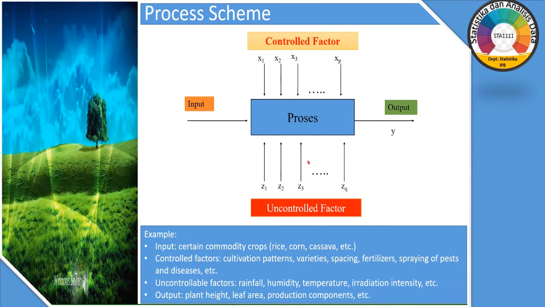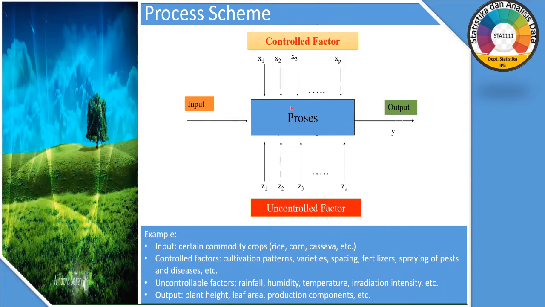So for example, if we want to see the effect of dose on blood pressure, of course, the dose is the control factor, because we can control the dose. We apply the dose on the experimental object, so that is in the process.